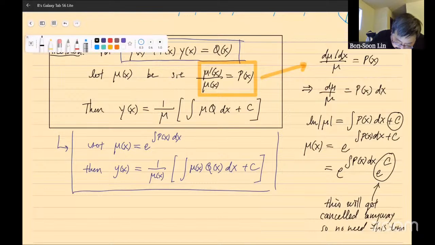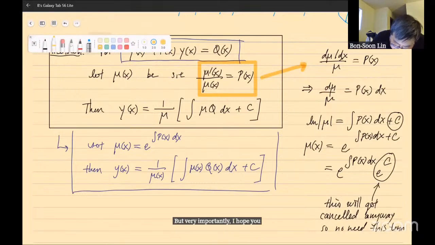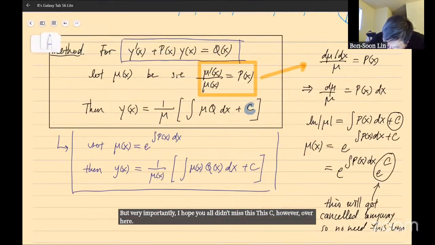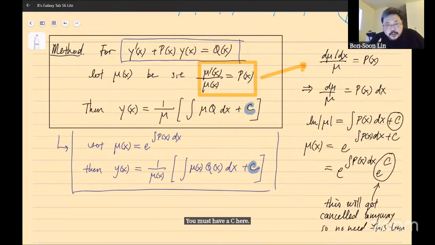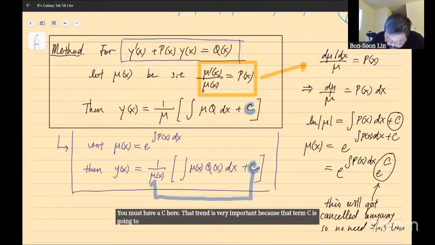But very importantly, I hope you all didn't miss this. This C, however, over here, that is not optional. You must have a C here. That term is very important because that term C is going to get multiplied to this 1 over mu right here.